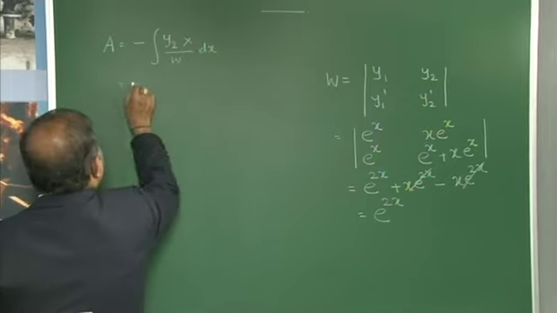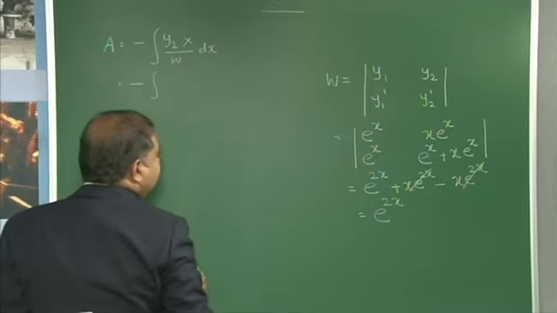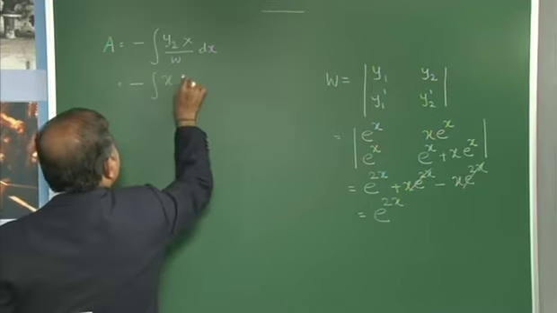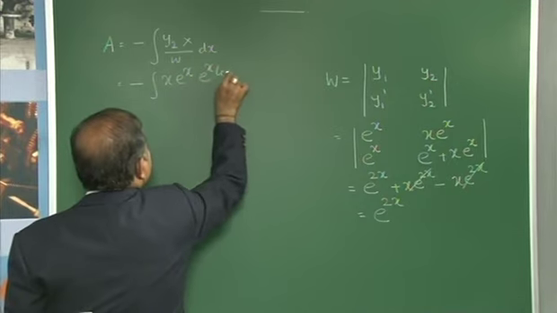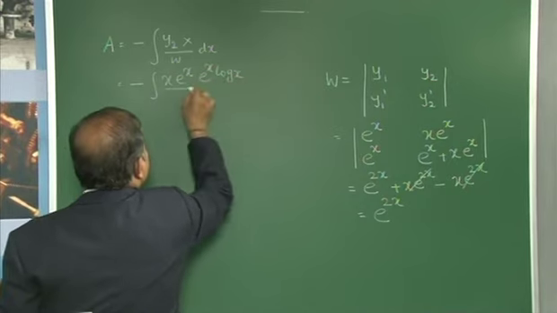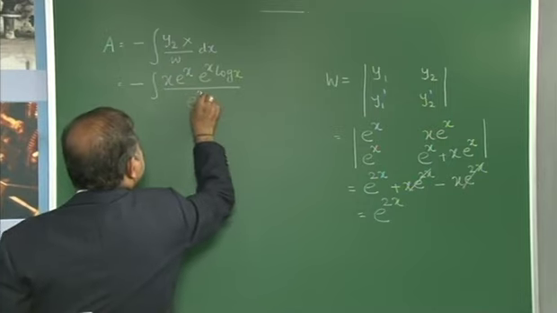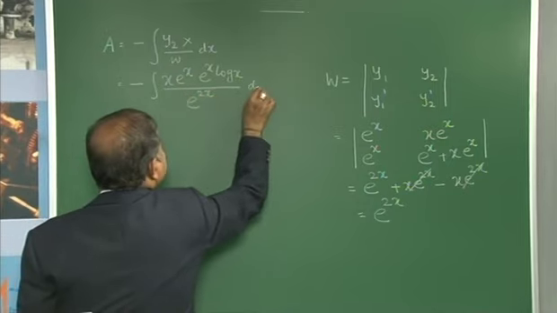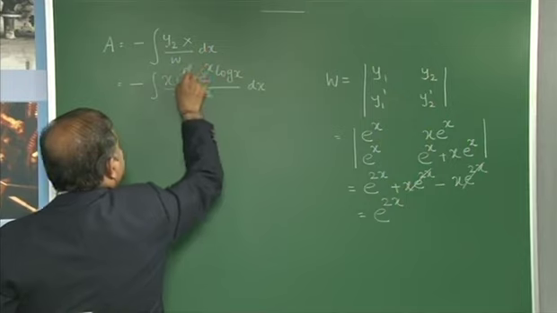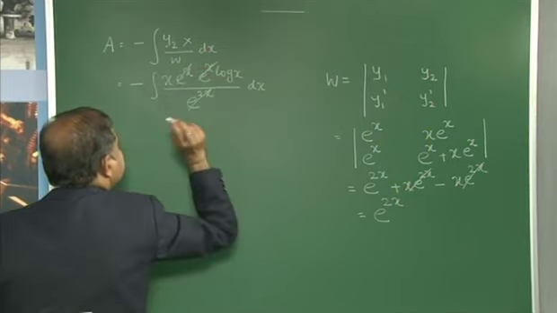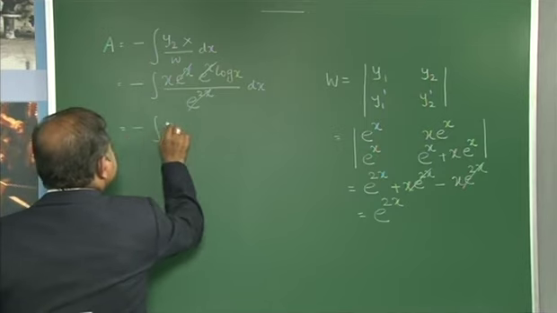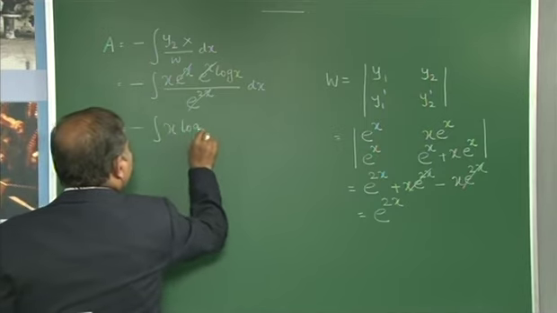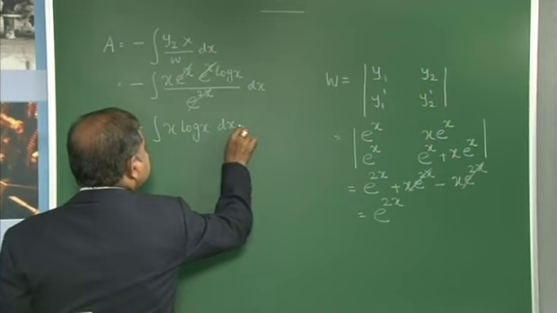So minus integral, y2 is x e^x, capital X is e^x log x, divided by W which is e^2x. So this e^2x is getting cancelled. What I got is minus integral x log x dx.